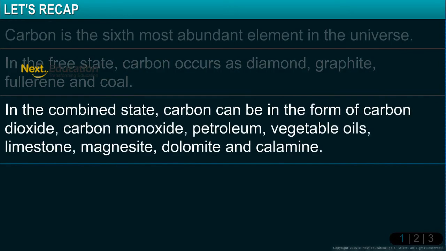In the combined state, carbon can be in the form of carbon dioxide, carbon monoxide, petroleum, vegetable oils, limestone, magnesite, dolomite, and calamine.